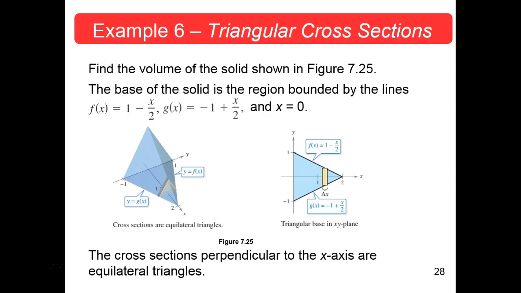Let's do it. The length here is 1 minus x over 2 minus the quantity minus 1 plus x over 2, which would be 1 minus x over 2 plus 1 minus x over 2, which is 2 minus x.